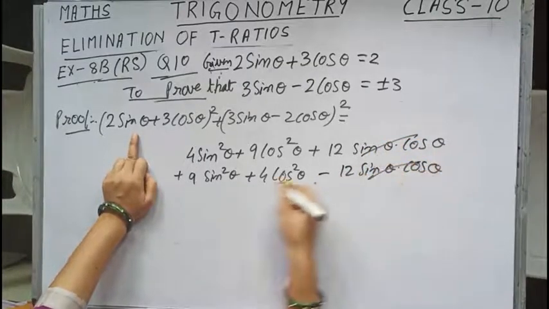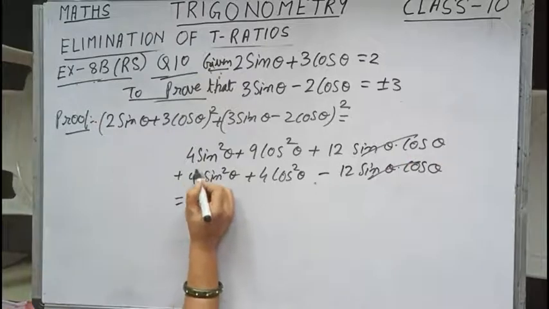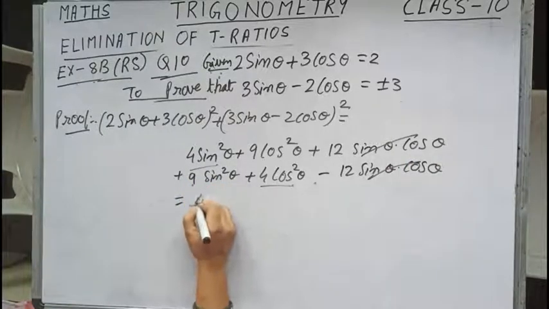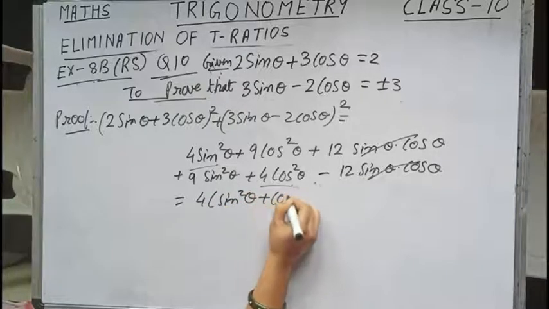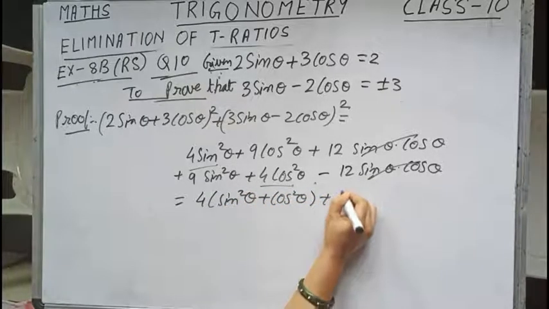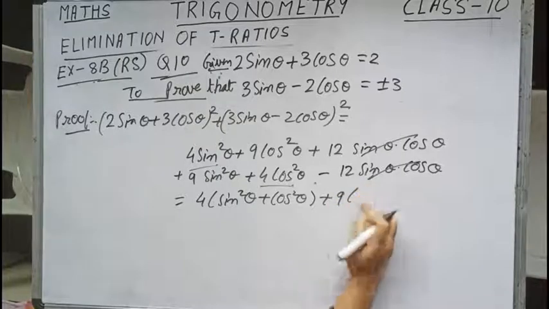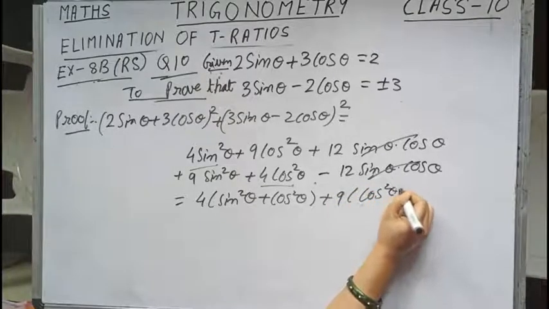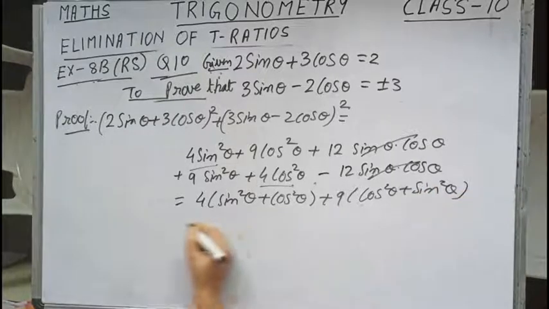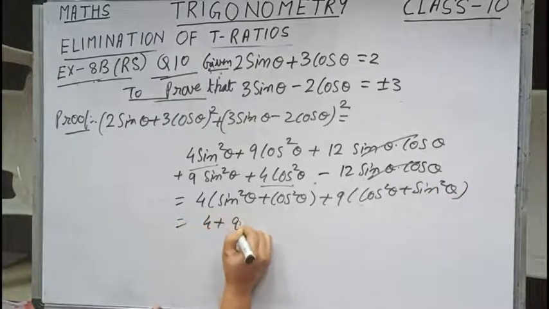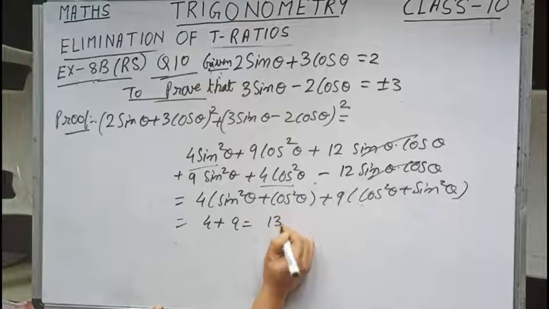These two terms will be cancelled, and over here this is 4 sin square theta, 4 cos square theta will be 4. So 4 (sin square theta plus cos square theta) plus 9 (cos square theta plus sin square theta). So we are getting 4 plus 9, and this equals 13.